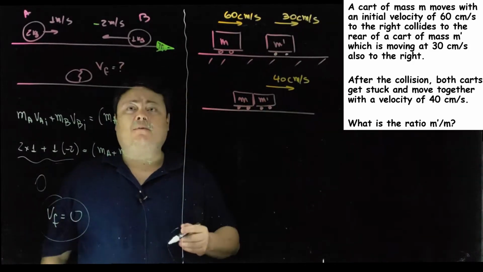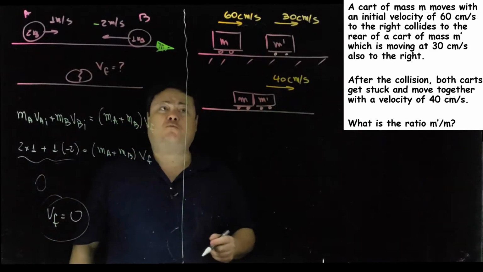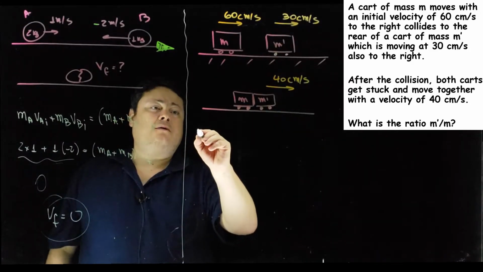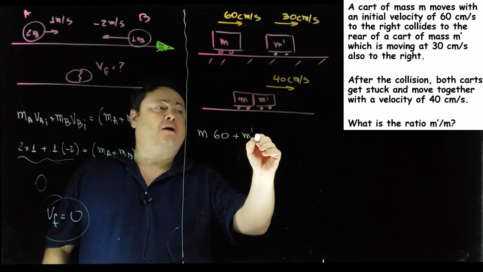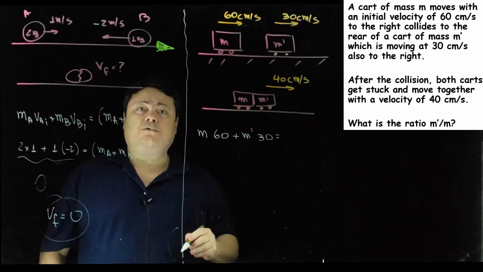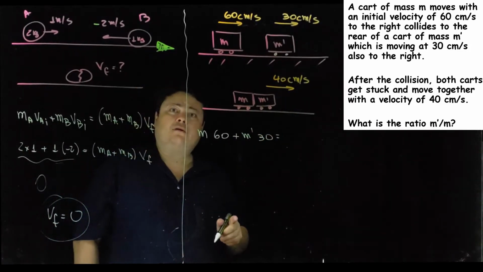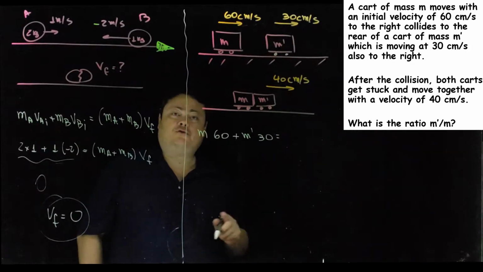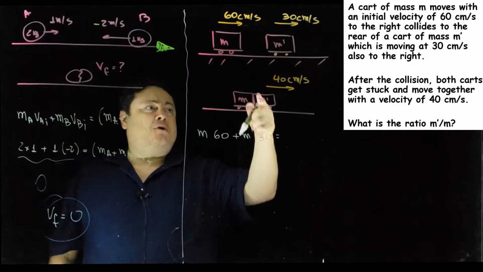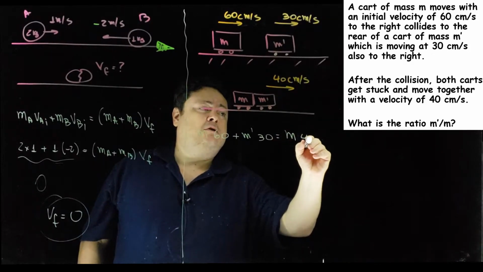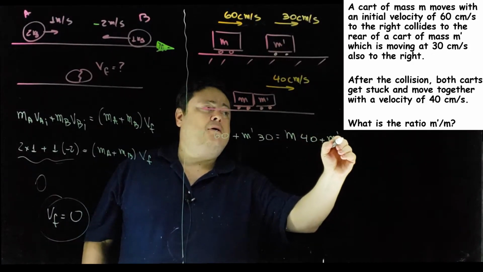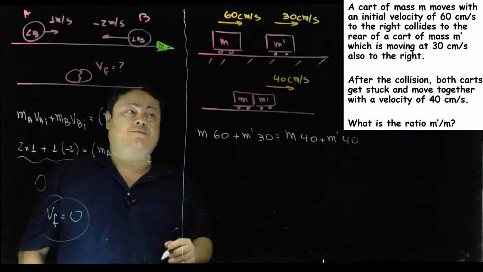Well, to solve this problem, I will just start again from conservation of momentum, and I will say that m times 60 plus m prime times 30 equals. Since I want m prime over m, I know that I'll need to solve for them separately. I'm going to keep these here as separate things: m times 40 plus m prime times 40.